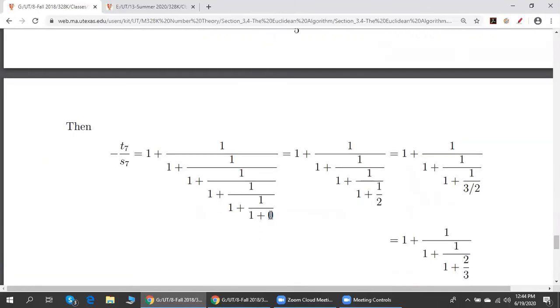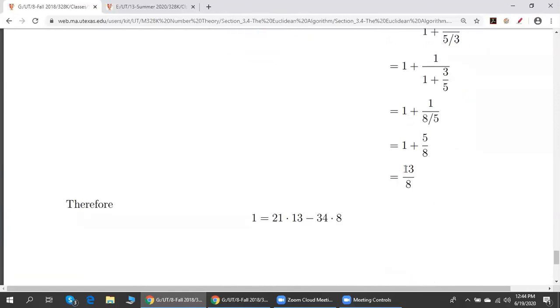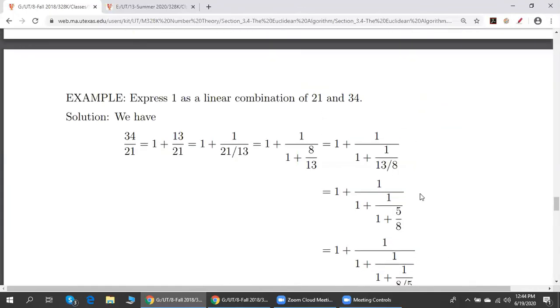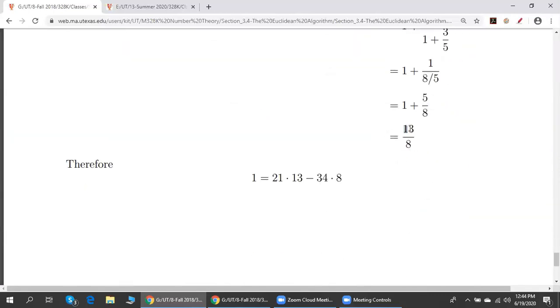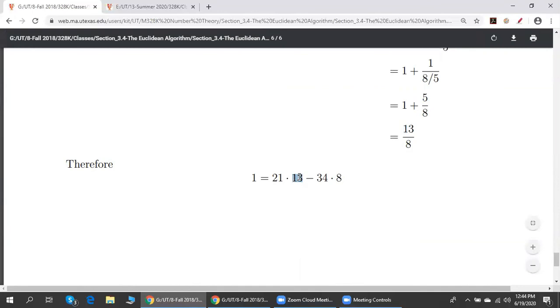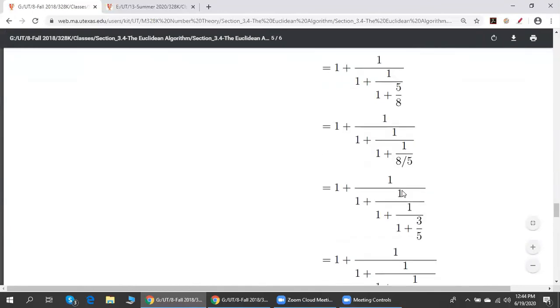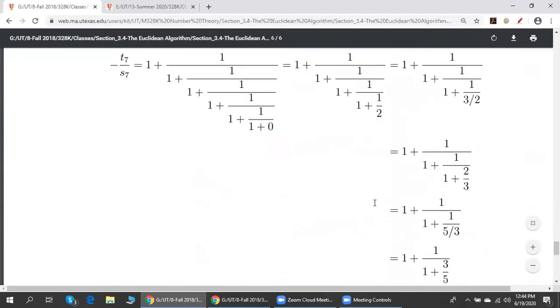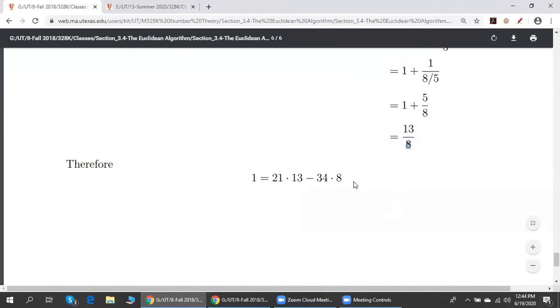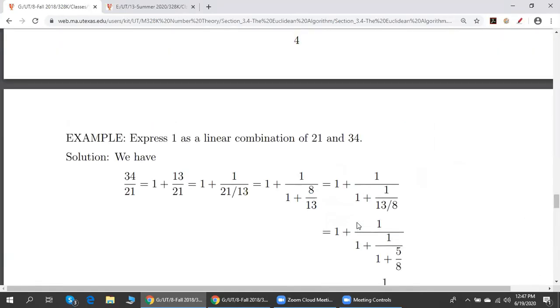Then we replace 1/2 by 0 and convert this into a single fraction. Lastly, we multiply 21, smaller number, by 13, bigger number, minus we multiply 34, bigger number, by 8, smaller number.